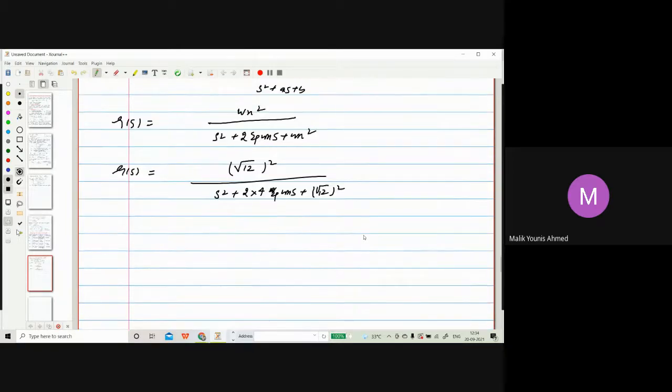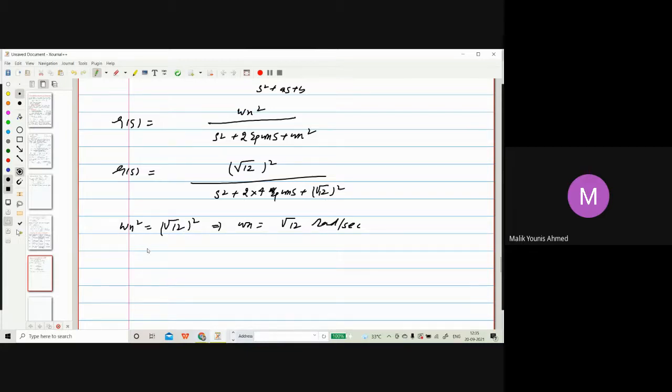Now here omega n square is under root of 12 whole square. So that means omega n is under root of 12 radians per second. So natural frequency we have got.